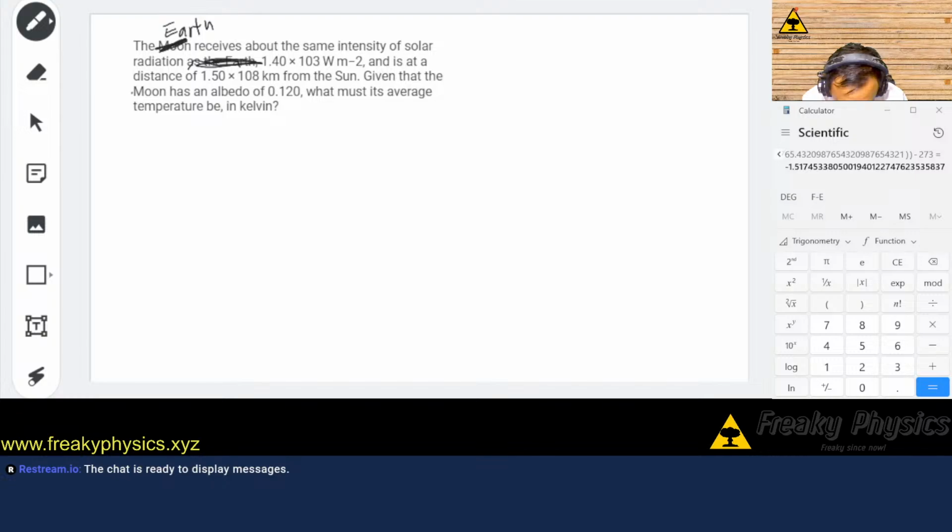Given that the Earth has an albedo of 0.3, what must the average temperature be in Kelvin? Again, it's the exact same process. You just make sure your numbers are correct.